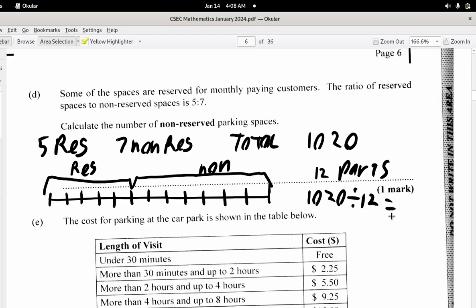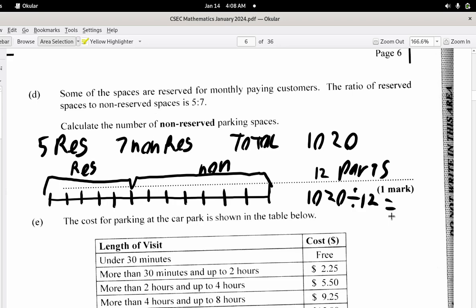If you have 1020 and you cut it up into 12 equal parts, it's 1020 over 12. 1020 divided by 12 is 85. So each part is really 85. Alright? So that's what's going to happen in this case.